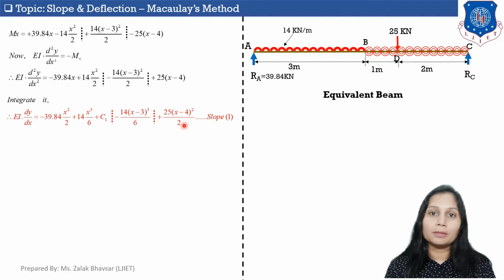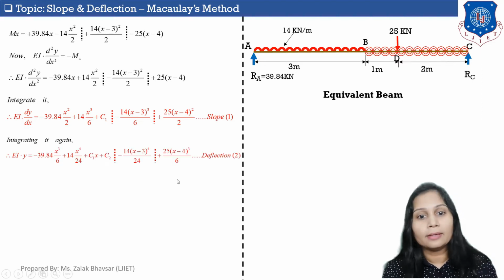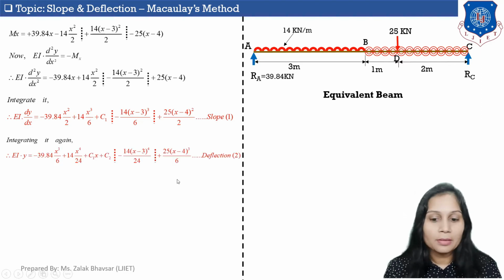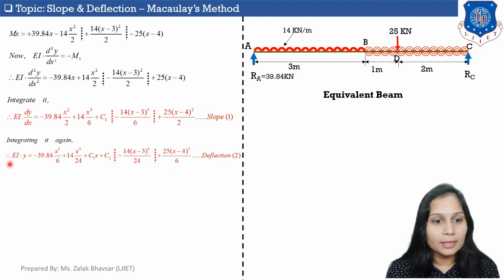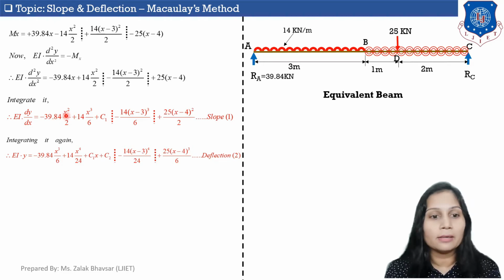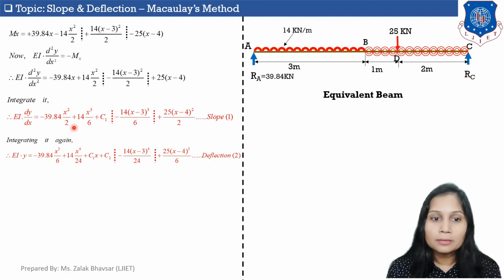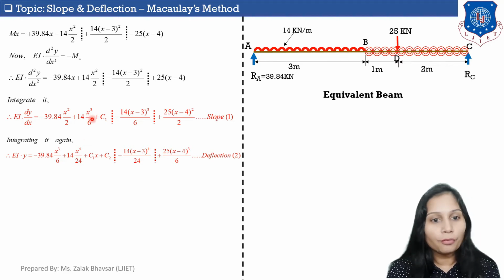Now in step number 3 we are applying double integration. So let's integrate the equation again. If we integrate the equation again, then we will get EI into y is equal to minus 39.84 into the integration of x², which is x³/3. 3 multiplied with 2 is 6, plus 14 times the integration of x³, which is x⁴/4.